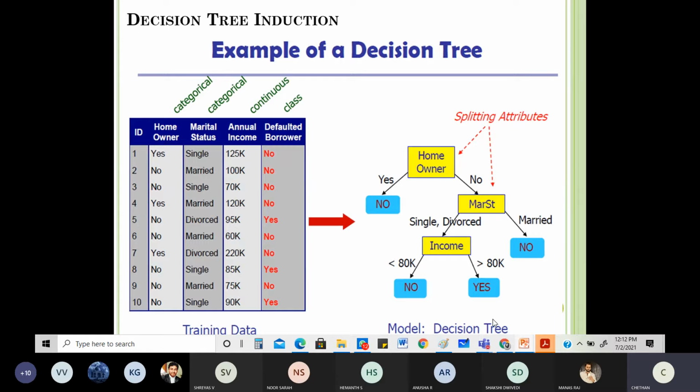I told you many times that a particular training data can have more than one decision tree. Here we have taken the root node as homeowner, with yes, no branches only. One thing you can easily make out is that I'm splitting attributes, taking homeowner as my root node. Very important example, very important diagram.